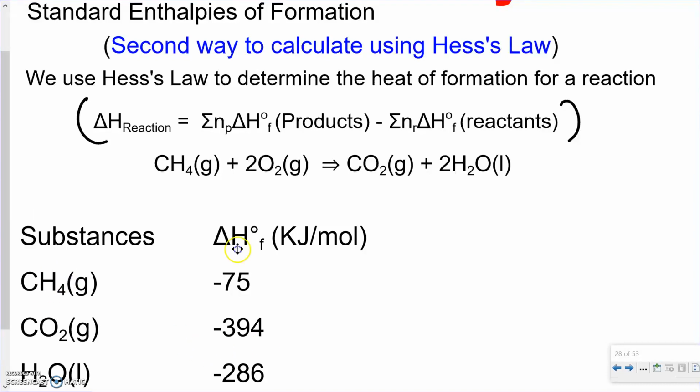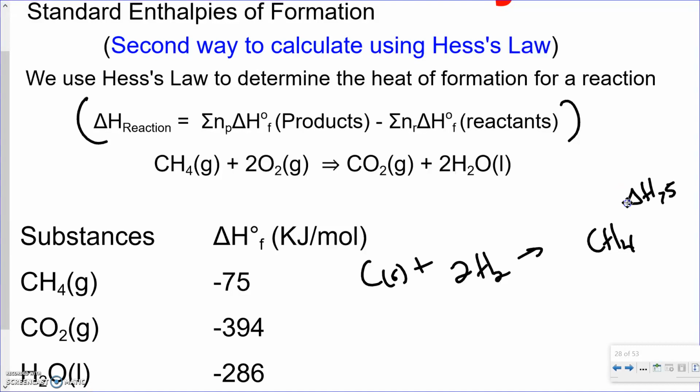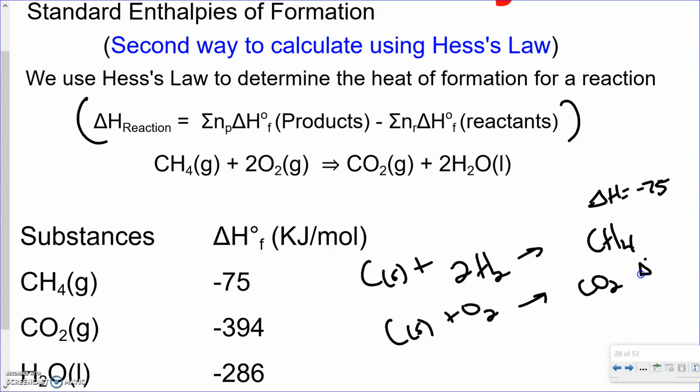For CH4, if I was giving you the reaction formation, it would be carbon plus hydrogen forming CH4, all in their standard form, and we'd have a delta H of, let me rewrite that, sorry, delta H would equal negative 75. Let's say I was doing it for CO2. It would be carbon plus oxygen forming CO2, and it would have a delta H of negative 394.